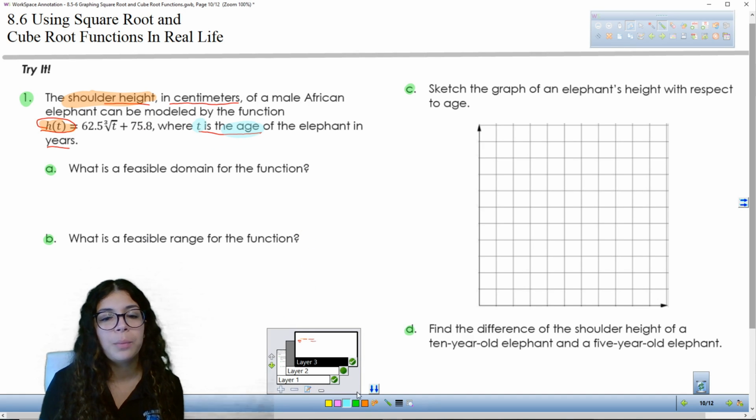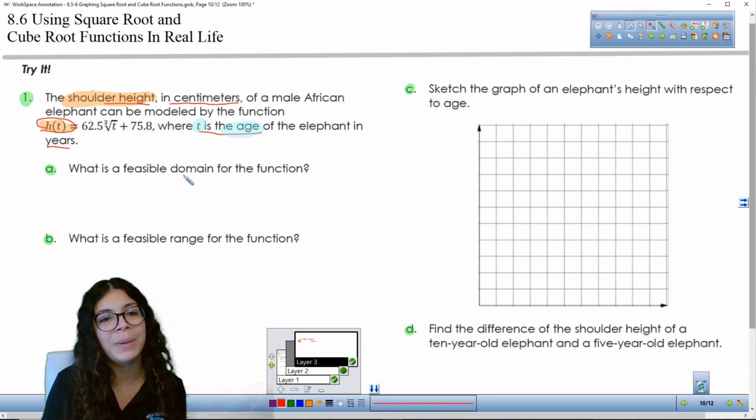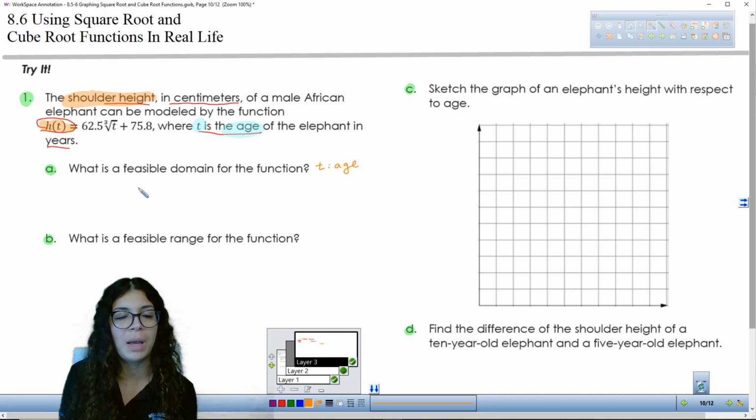Now, the first parts, A and B, ask for the domain and the range. Now, what is the input? It's t, right? So the input is t, and that input is age. So the age can only be positive.